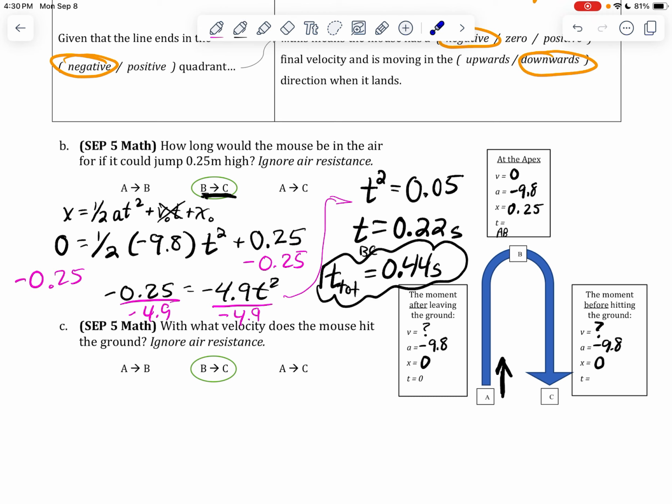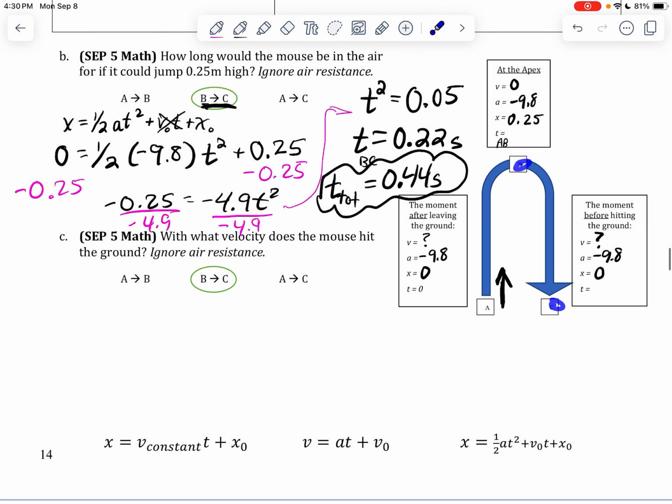So that means I'm looking for this velocity here. I'm going to go from B to C because I kind of know everything about all these things now. And notice the time I will use will be this one because that is the time from B to C. If my initial is at B and my final is at C, I've got to use the time it takes to go from B to C. We've got to choose an equation.